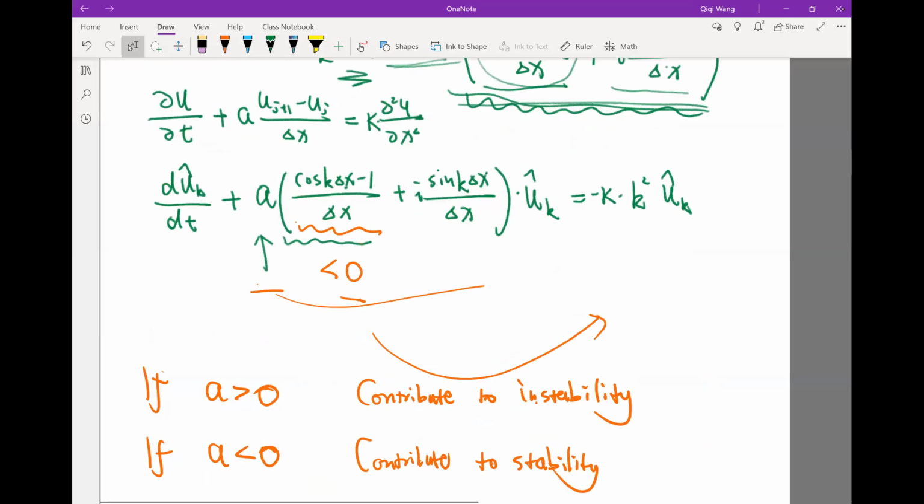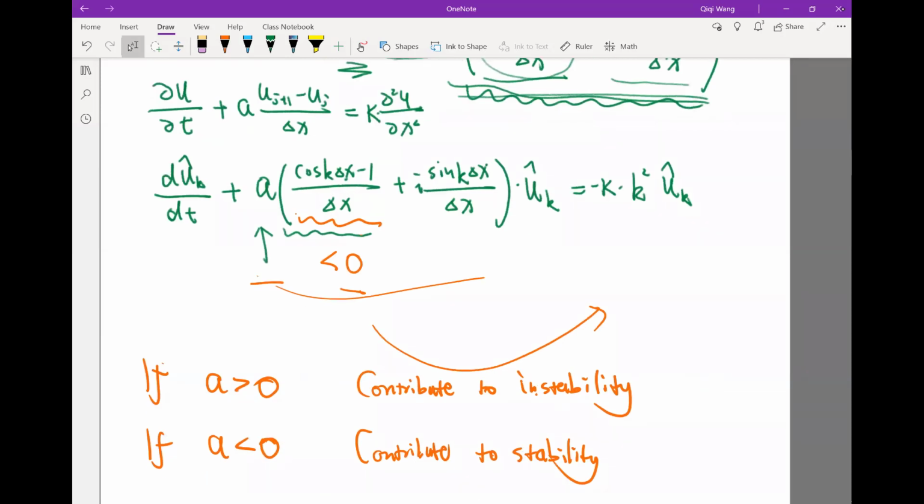A similar analysis can be done with a left biased scheme, and you reach exactly the opposite conclusion. If a is greater than 0, a left biased scheme contributes to stability, and when a is less than 0, a left biased scheme contributes to instability. So this is really a first example of how useful Fourier stability analysis can be.